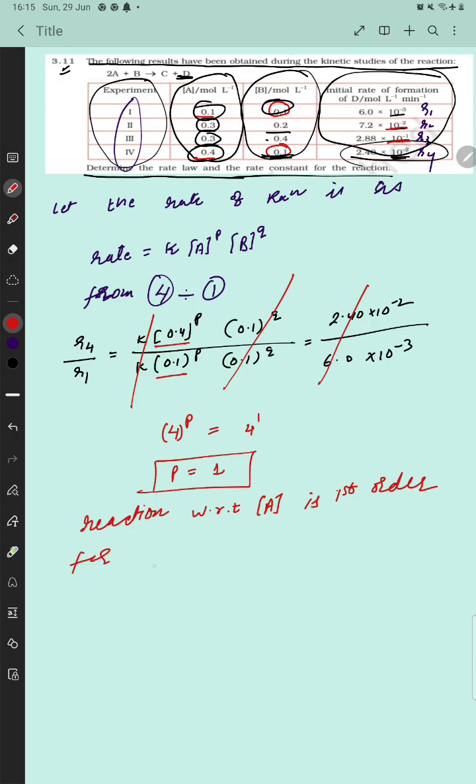Now for Q: equation 3 divided by equation 2.